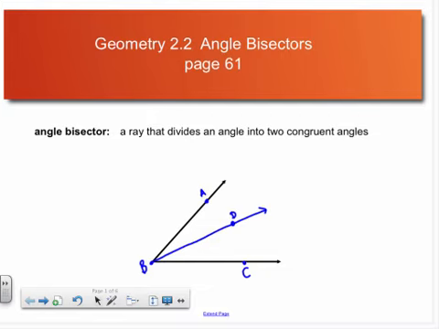And if I know that ray BD bisects this angle, then I know that angles ABD and DBC are congruent. In symbols, this is what this would look like. I have ray BD, and I know that it bisects angle ABC, and that means that angle ABD is congruent to angle DBC. Now let's try a couple problems that will have us using angle bisectors.